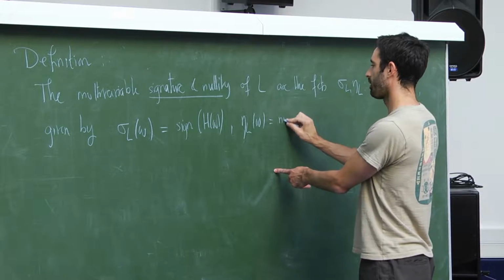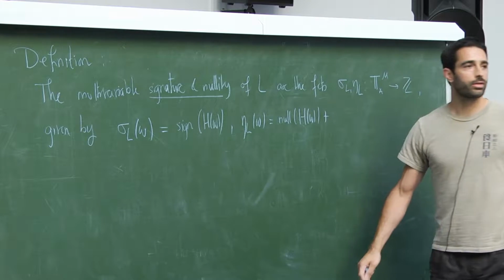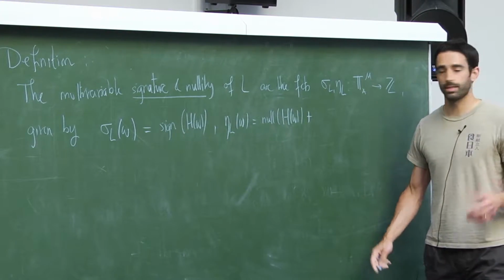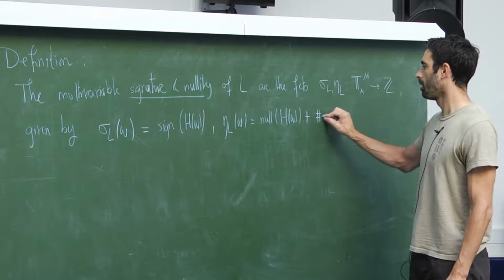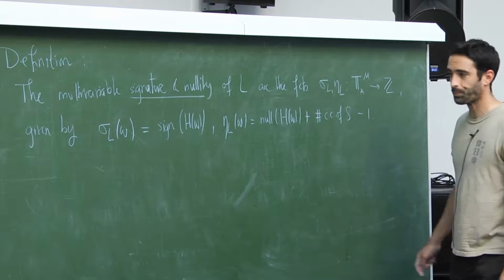The nullity is the nullity of the matrix, and since I did not assume that the C complex was connected, actually here one should add plus the number of connected components of S minus 1.